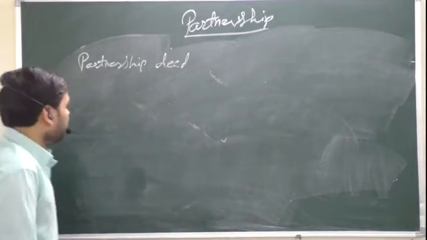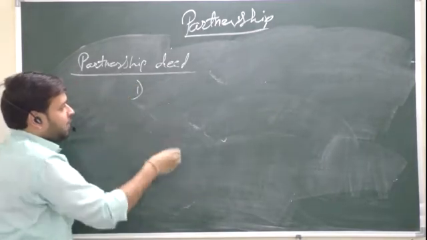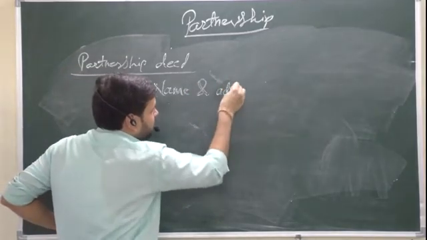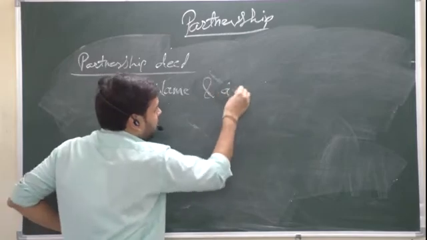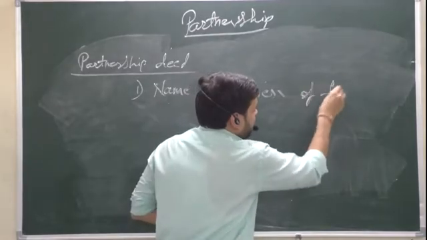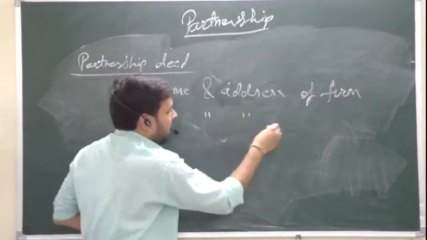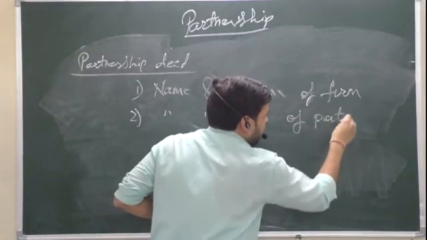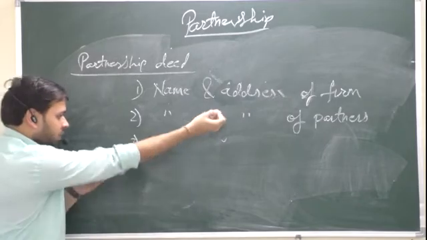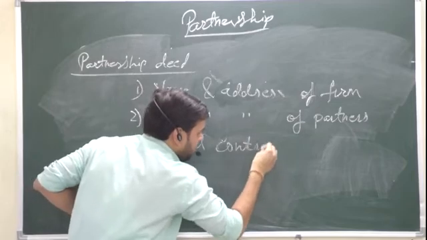So first we go through what is a partnership deed and its content. First content, that is name and address of the firm. Second, name and address of partners. Third, capital contribution.